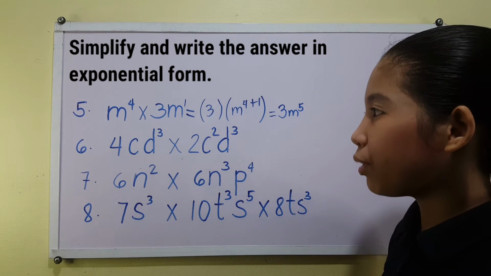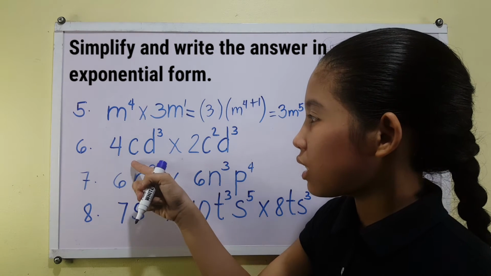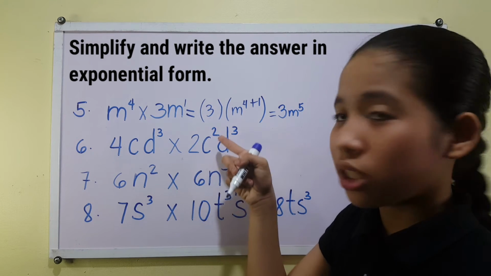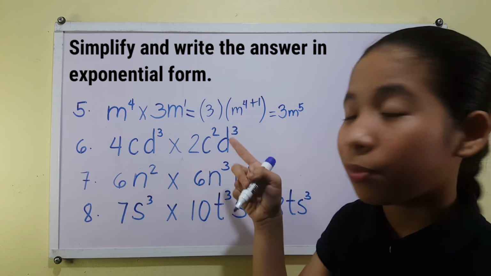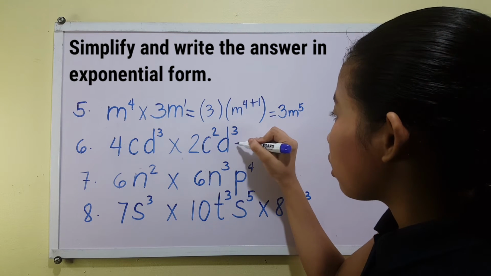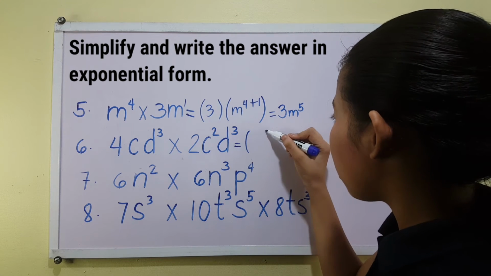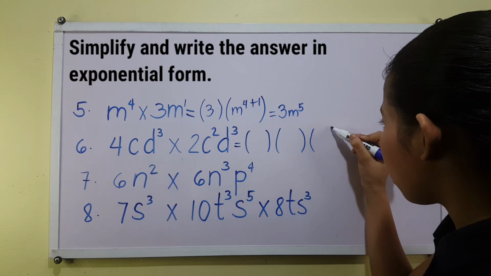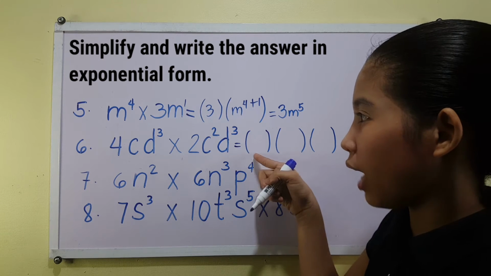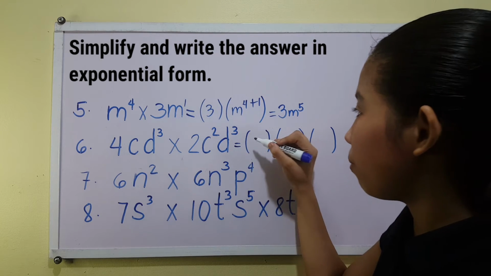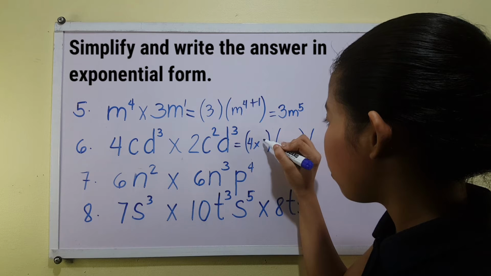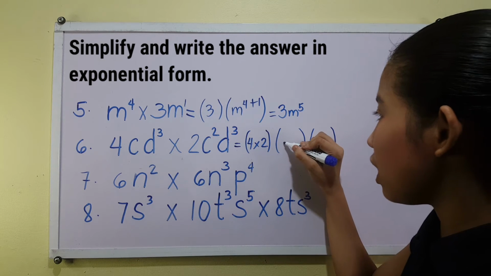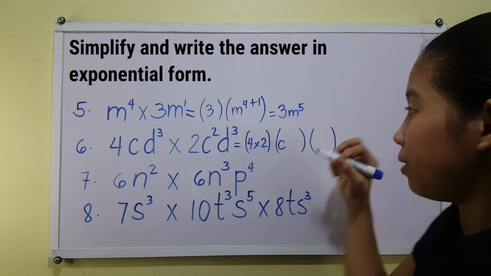For our next example, we have 4cd to the power of 3 times 2c squared and d to the power of 3. So for our first group, we have 4 times 2. And next, we have the base c and the base d.